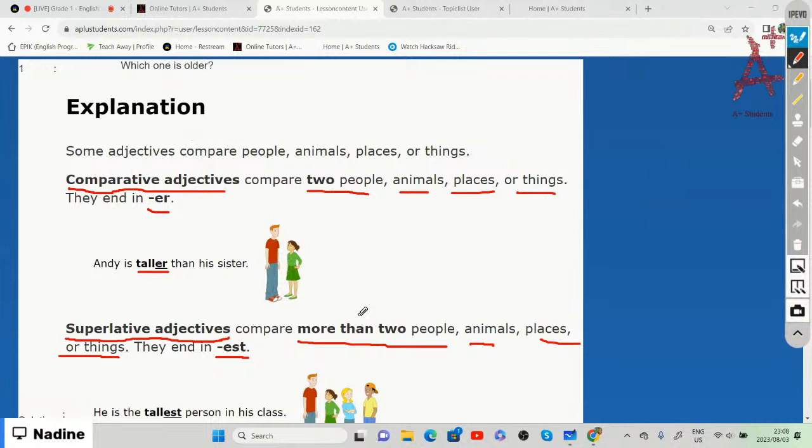It's just that we have people, animals, places, or things being compared by either only two or more than two. And we need to know the best vocabulary to use when we compare people or animals or places or things.